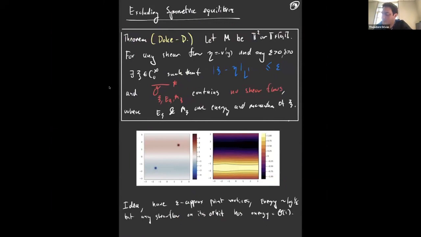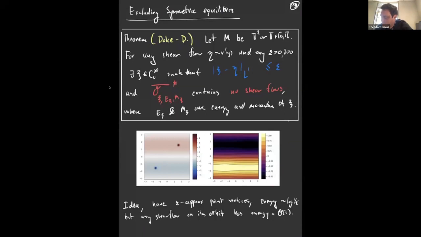So there's also work with Micheli. Here we take the domain to be either a 2-torus or a periodic channel, and we want to find initial data which can never become shear flows. So they're not isolated from stationary states in general by the previous argument, but maybe you can isolate them from some particular stationary states.